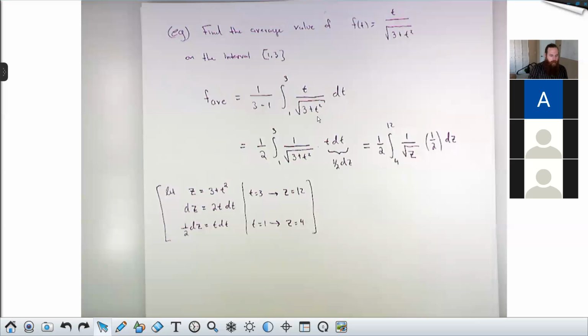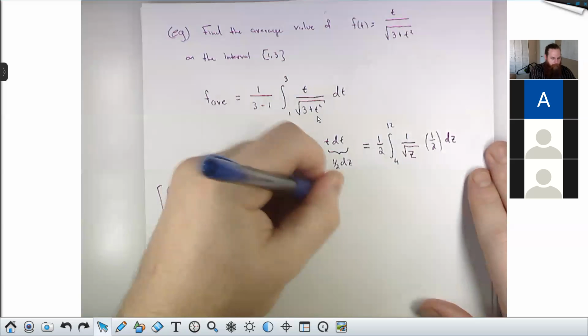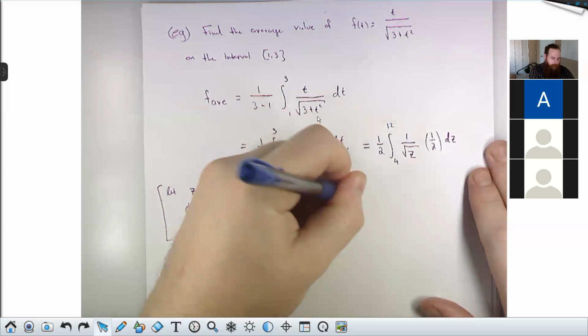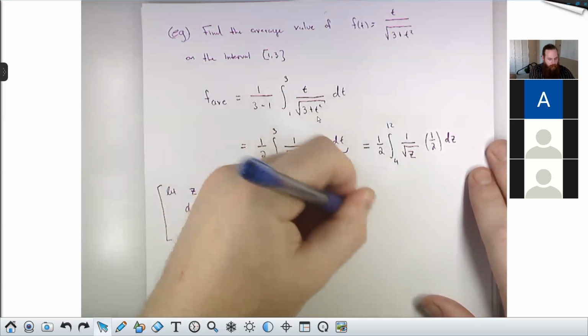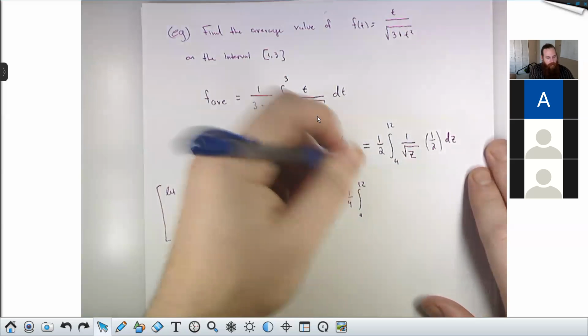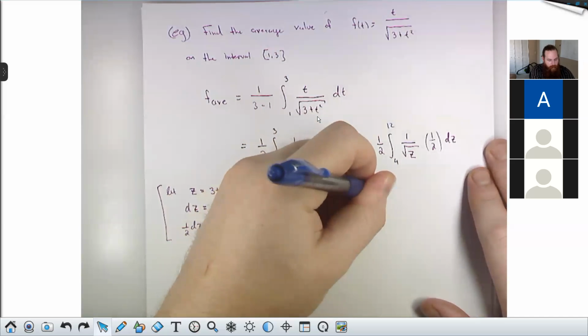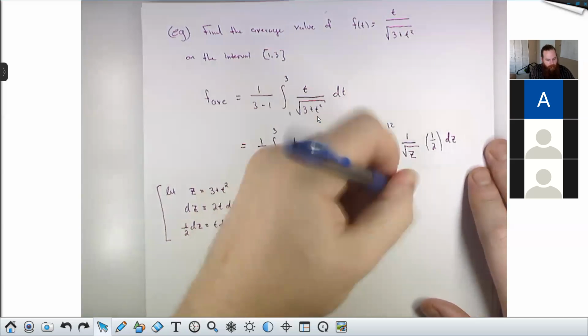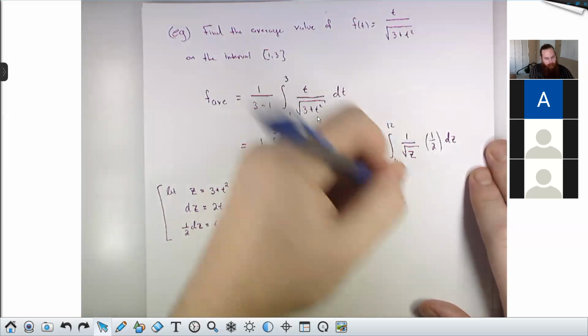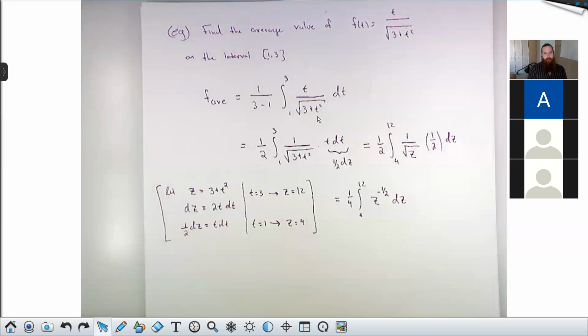So this is how my integral looks at the start here. I can shuffle the 1/2 out front with the other 1/2 to make 1/4. And I can rewrite 1 over the square root of z as z to the negative 1/2. And then finally, to find an antiderivative, I need to increase this power by 1 and then divide by that new power.